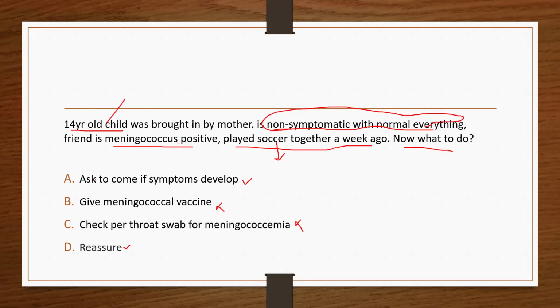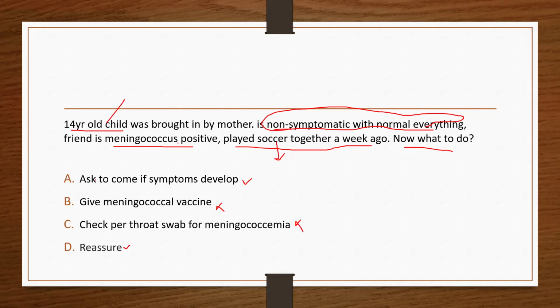Now here, see, this MCQ is very important. You have 2 options. One is saying ask to come if symptoms develop. The other option says reassure. Actually, you can tell this is not a high risk contact, so you don't need to give any vaccine or antibiotic here. But remember, I told you need to give the information to come back if they develop any symptoms, because although we say it's not a high risk contact, still nothing is 100% perfect in medicine, right?